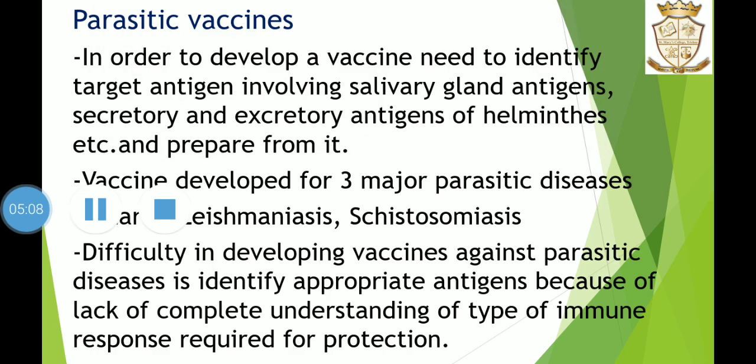In order to develop a vaccine, we need to identify the target antigens, including salivary gland antigens and secretory and excretory antigens of helminths, which are prepared from them. Vaccines have been developed for three major parasitic diseases: malaria, leishmaniasis, and schistosomiasis. The difficulty in developing vaccines against parasitic diseases is identifying appropriate antigens, because of the lack of complete understanding of the type of immune response required for protection.